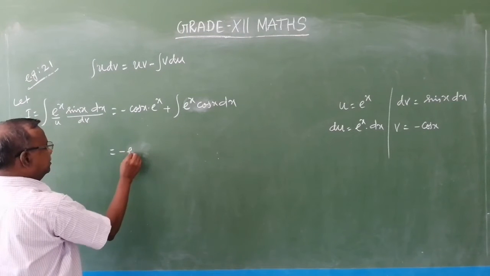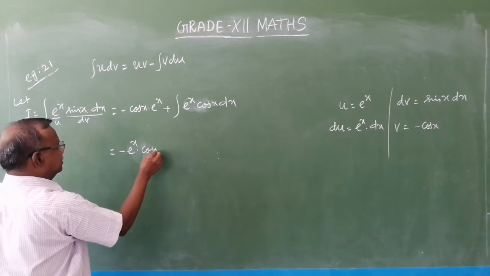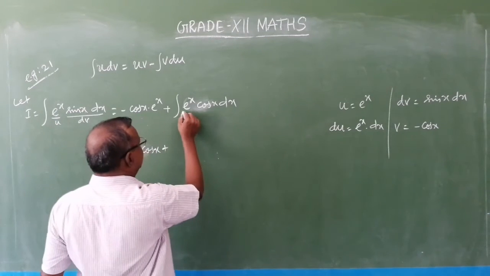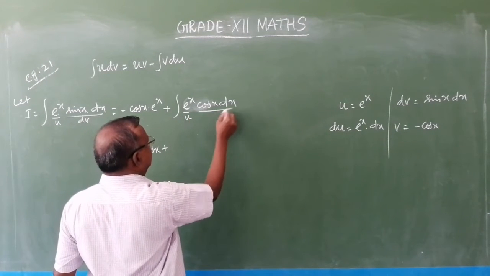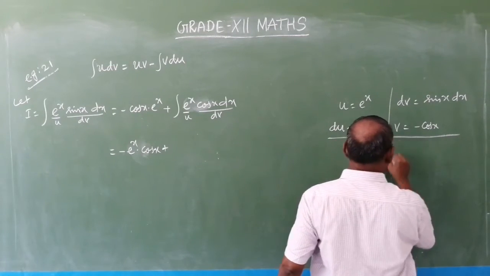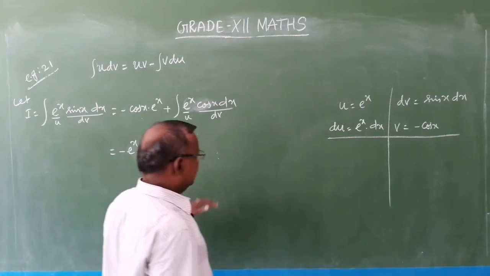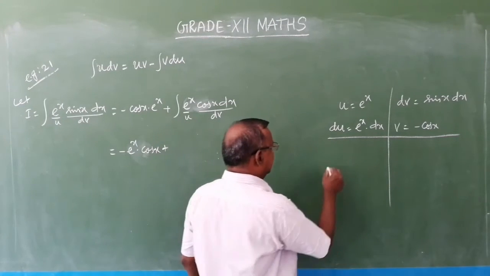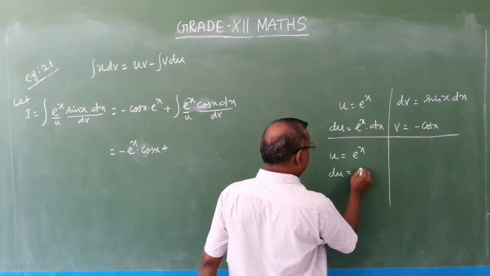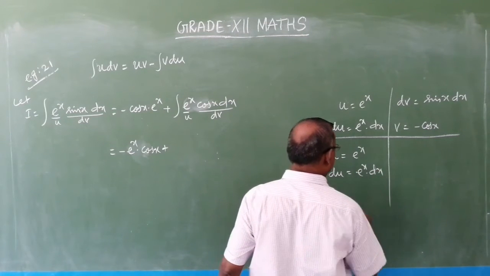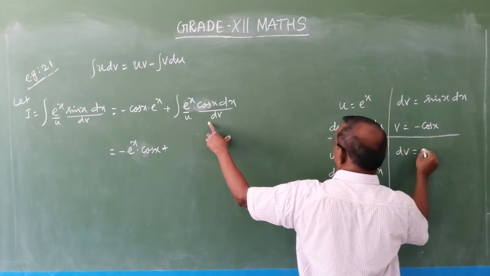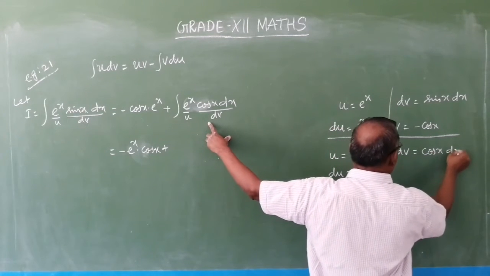So, this is equal to minus e^x cos x plus, now here again you need to take u and dv once again. In some problems it will proceed successively. That is, again u equal to e^x, so du equal to e^x dx and dv equal to cos x dx.